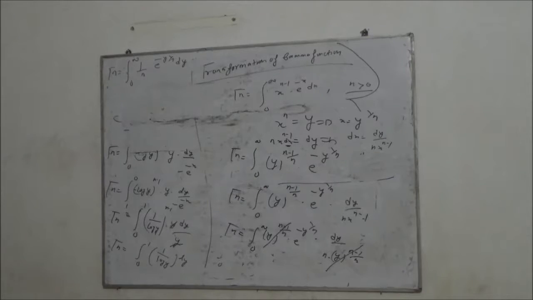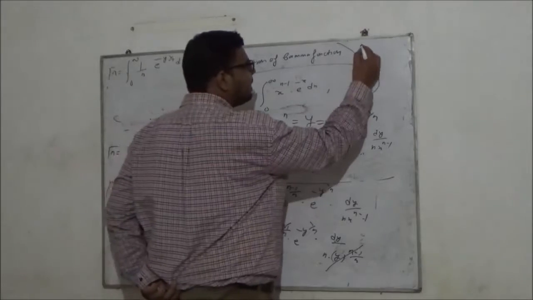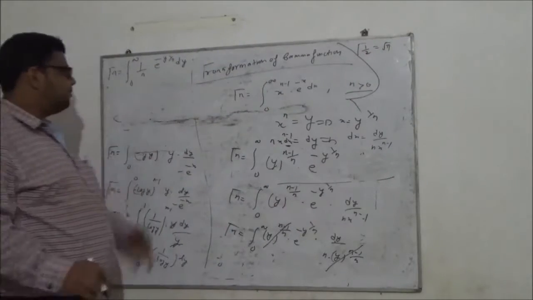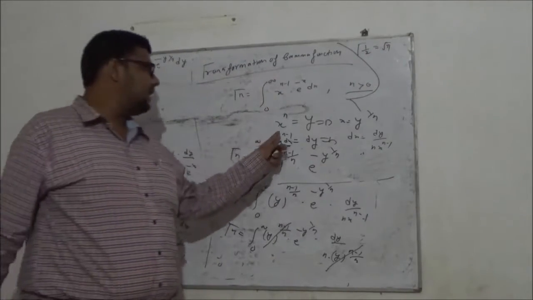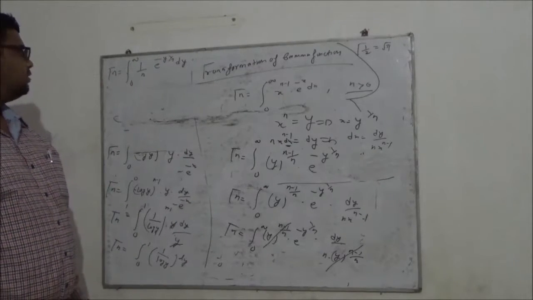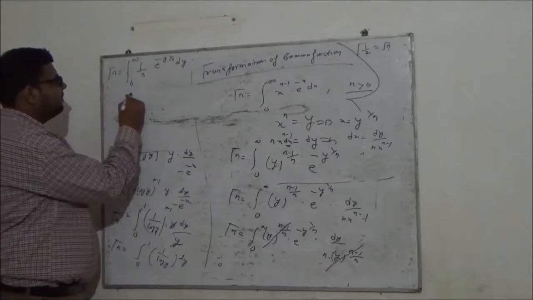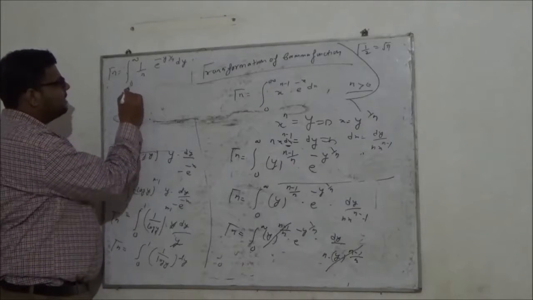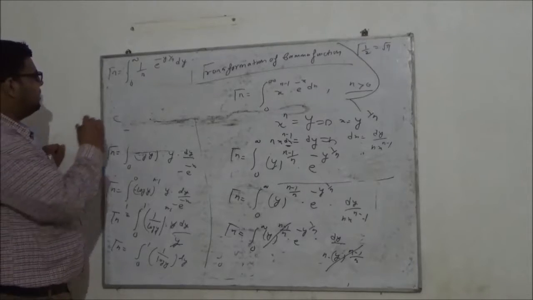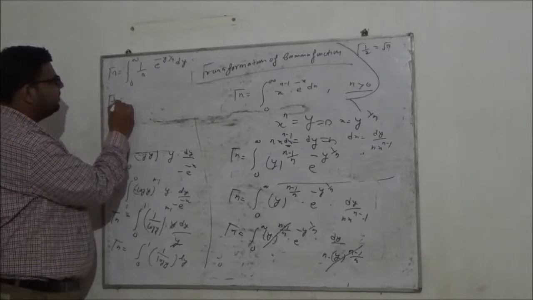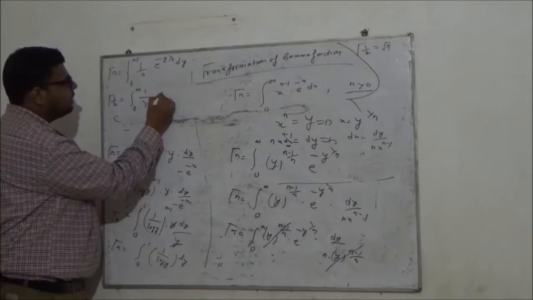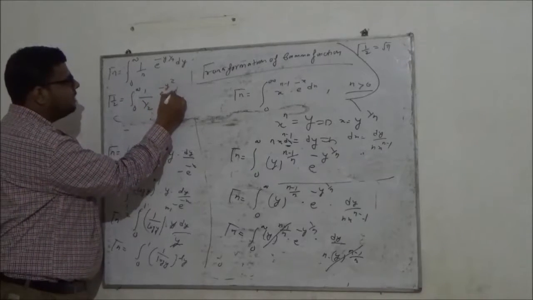Now there is also a basic formula that gamma half is equal to under root pi. This also comes from this transformation when we replace x^n by y. How will it come here? If I replace n by half, then gamma half will become integration from 0 to infinity of 1 upon 1/2, e power minus y square, dy.